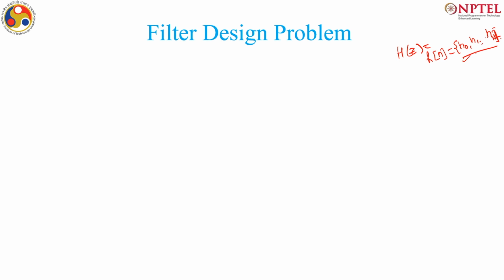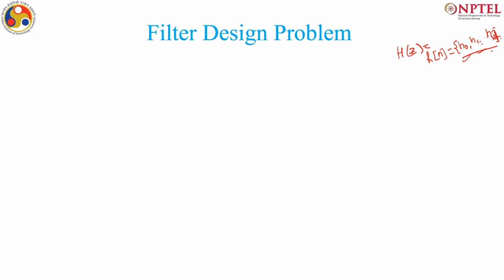But the inverse problem, or the design problem, is how do we get these values of h such that I get my desired response? Like if I want to make a low pass filter, can I arbitrarily put any value of h? No. So design is that problem where you have to get your filter values correct.